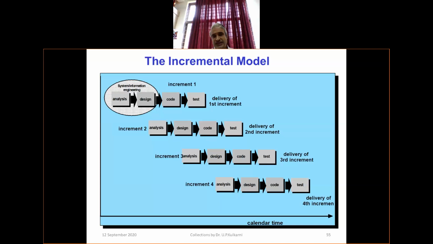Through increment one, they can strengthen their relationship and their understanding of each other in terms of competency, capability, resources, manpower, everything. So you give only one increment for them, though you have a contract for the whole system of 1,000 crores.